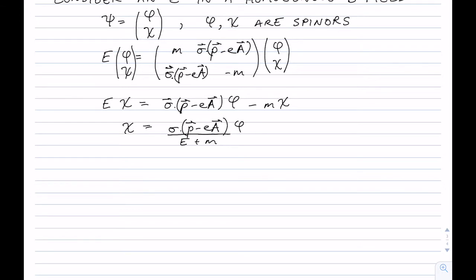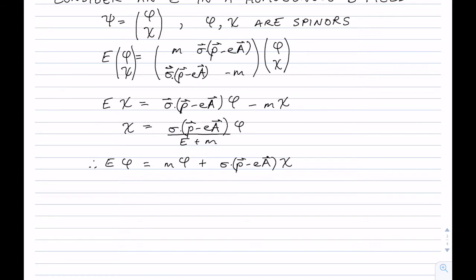Now what I'm going to do is take this chi and substitute it into the top formula. So that means that I can write E phi equals M phi plus sigma dot P minus EA chi. That's the top equation.